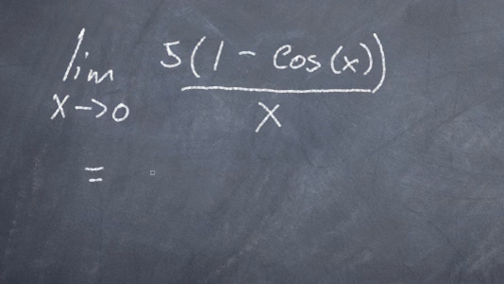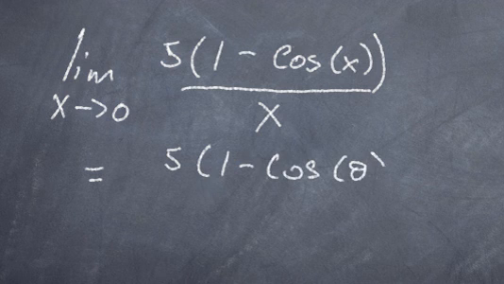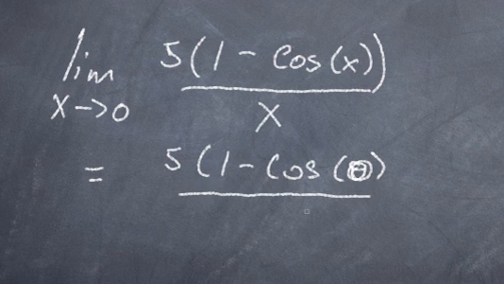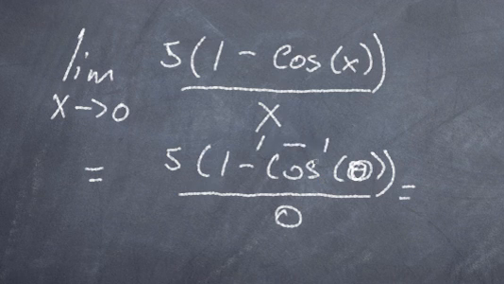We did the direct substitution. That's supposed to be a 0 there, over 0. And the cosine of 0 is 1. So we have 1 minus 1 inside, and that's going to end up being 0. And 0 times 5 is 0. So we end up with 0 over 0.